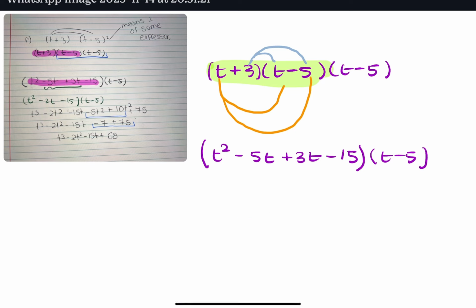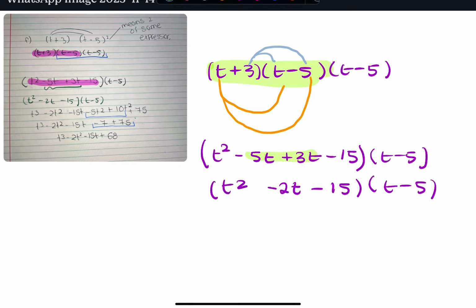So these two terms together give you negative 2t. And then the negative 15 remains unchanged, and the t squared remains unchanged, and the (t - 5) remains unchanged.